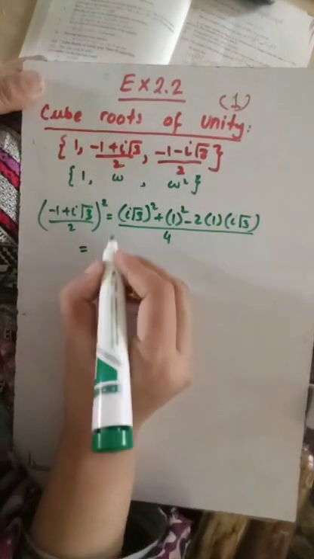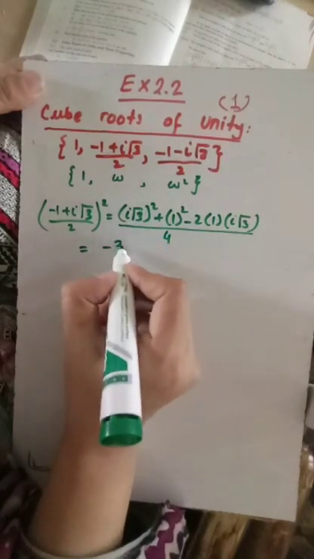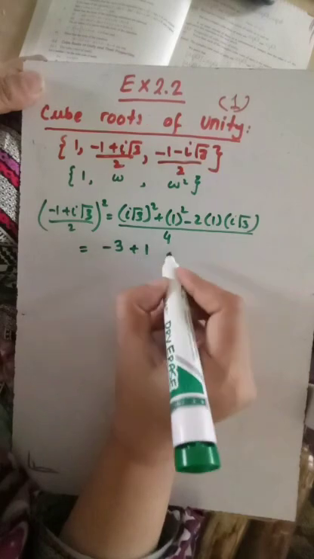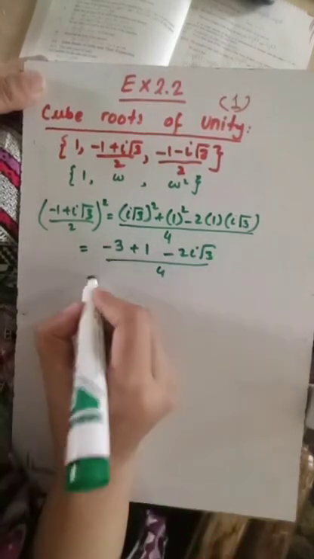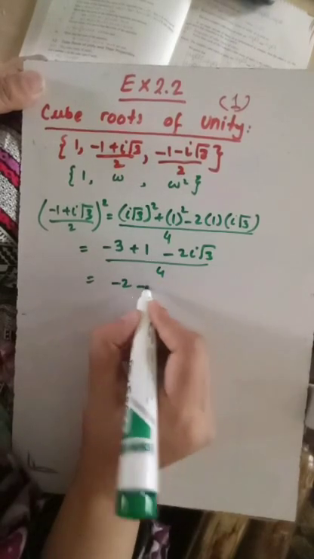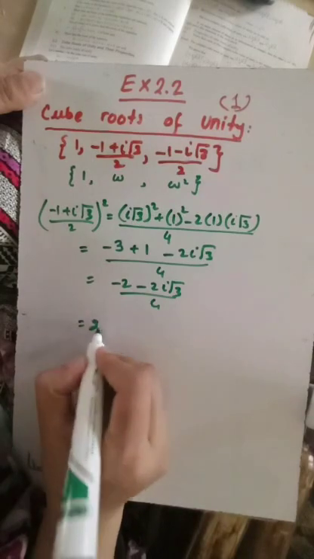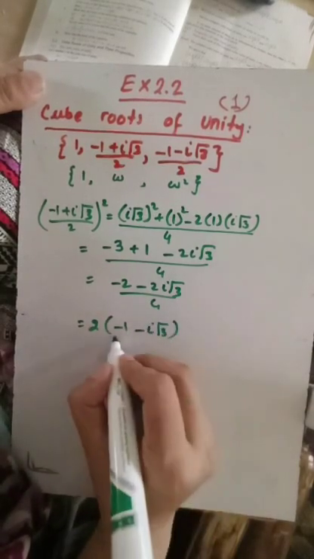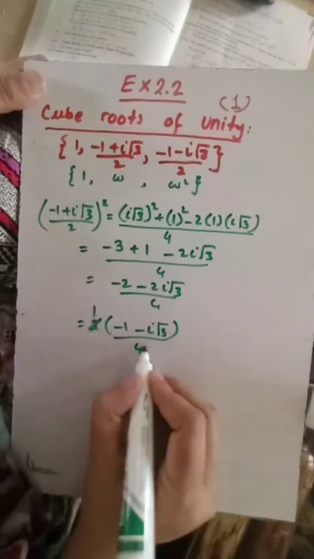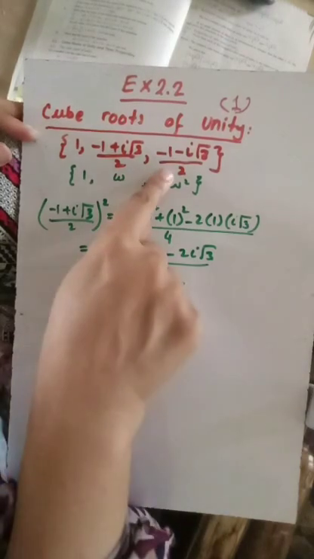Iota square is minus 1, and under root 3 square is 3, so this is going to be minus 3 plus 1 minus 2 iota under root 3 over 4. Minus 3 plus 1 is minus 2, so minus 2 minus 2 iota under root 3 over 4. If I take 2 common, I get minus 1 minus iota under root 3 over 2, and as you may see, this was the third cube root of unity.